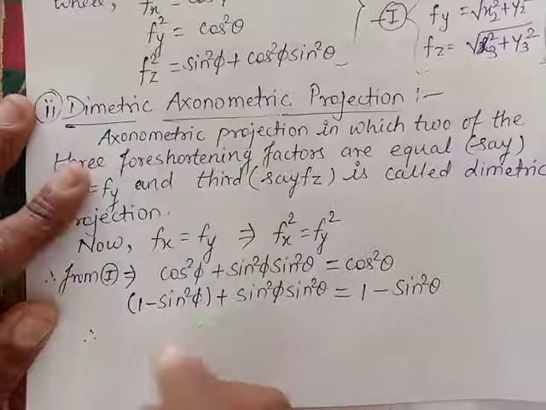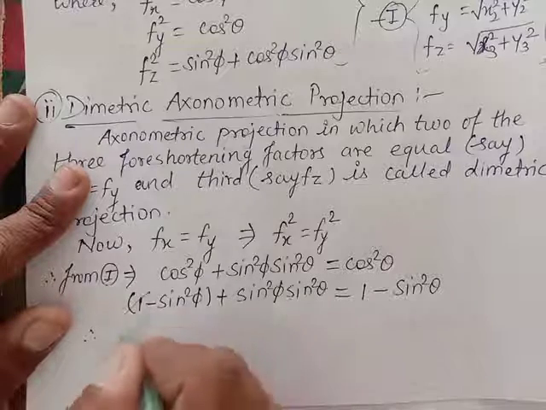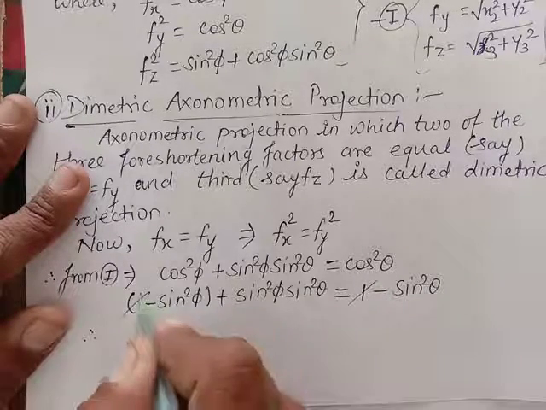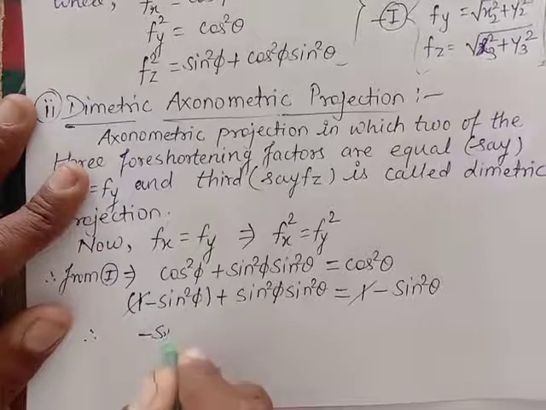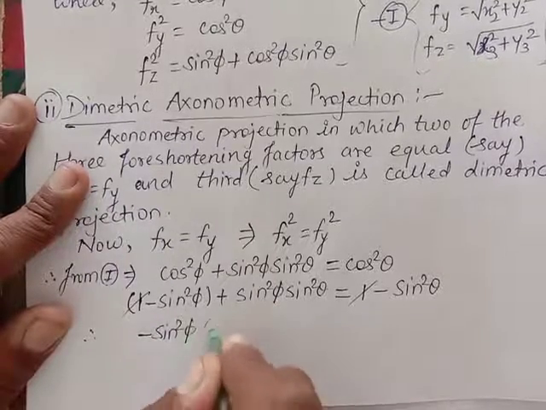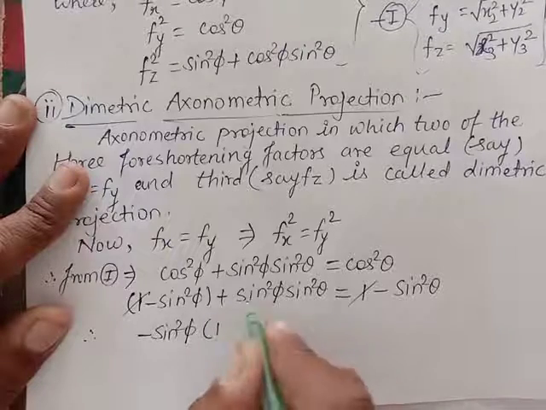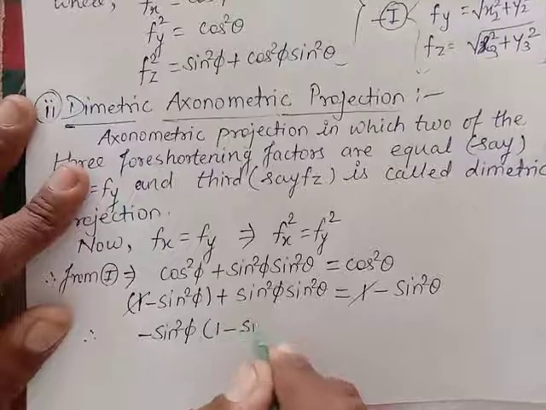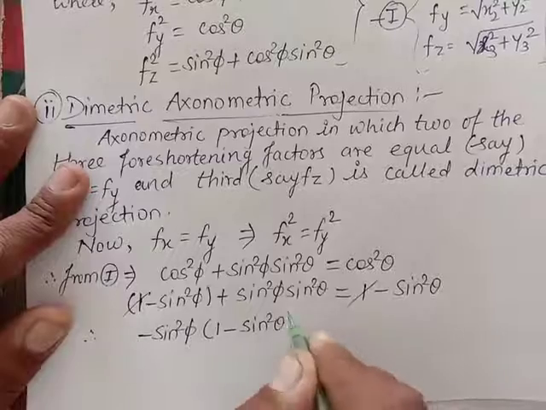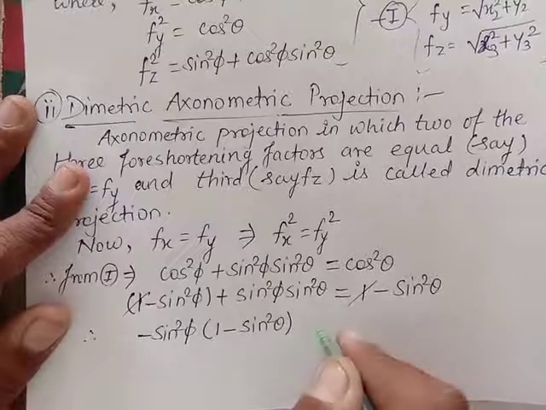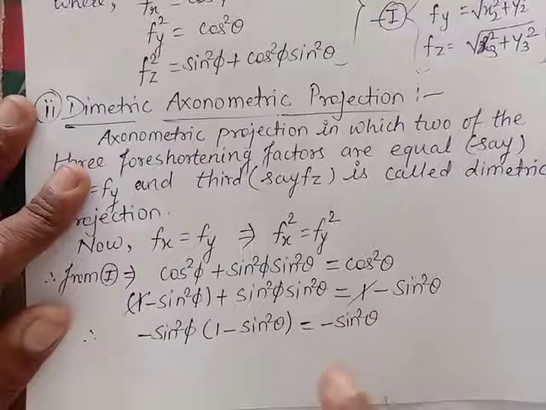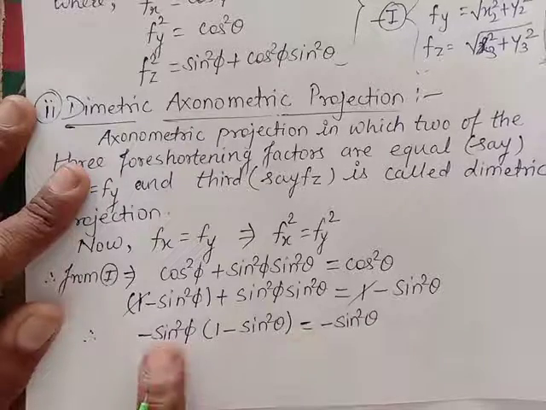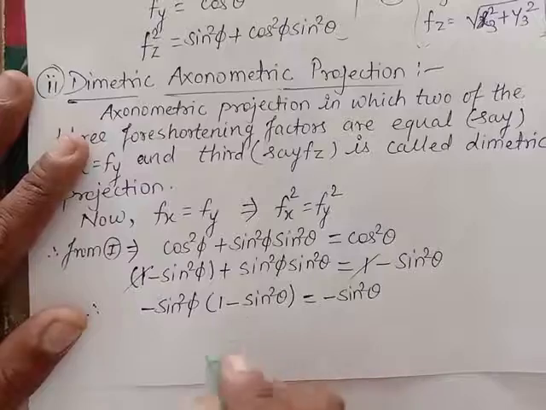We can remove them. Okay. Now here let us take this 1 and 1 cancelled. Now let us take minus sin square phi common. What is left here? 1. Here minus sin square theta is there. Okay. And here minus sin square theta as it is. This minus sign we can remove from both sides. So what does it give?